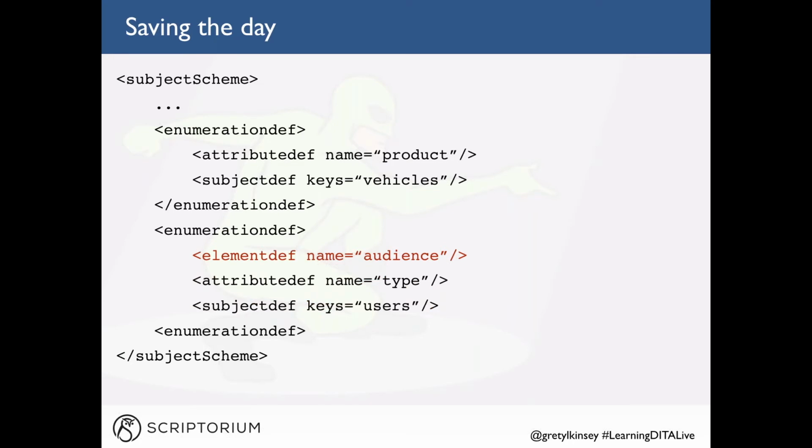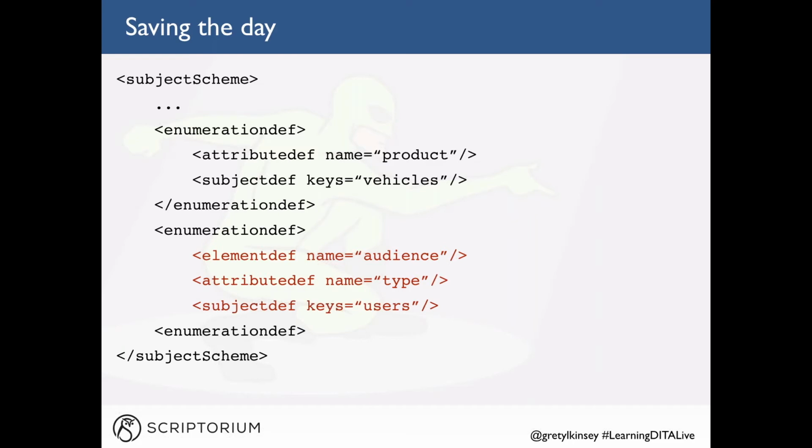Element def does something similar to attribute def in that it lets you bind your category of values to some metadata, but this time you're binding it to an element. So when you use that optional element def in conjunction with the attribute def, what you're saying is that you want to bind a list of values to a certain attribute on a certain element. In this case, we want to bind our values to the type attribute on the audience element.